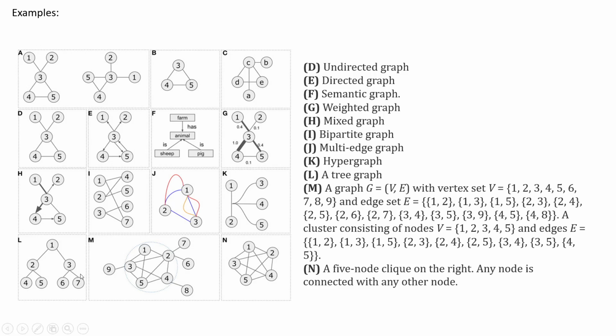And this L is basically a tree graph. It shows some sort of hierarchical clustering in the nodes. The lowest leaves are your 4, 5, 6, 7. The nodes above that are in a higher hierarchical position than the leaf nodes, and the root node on top of that has the highest hierarchical position. These kinds of graph structures are used if you study a little more about genome assembly and algorithms that help do genome alignment.